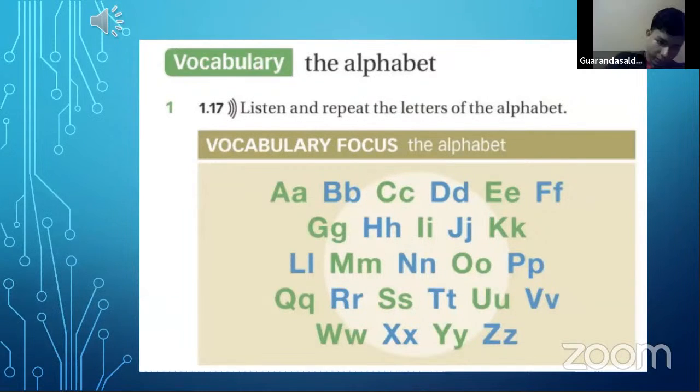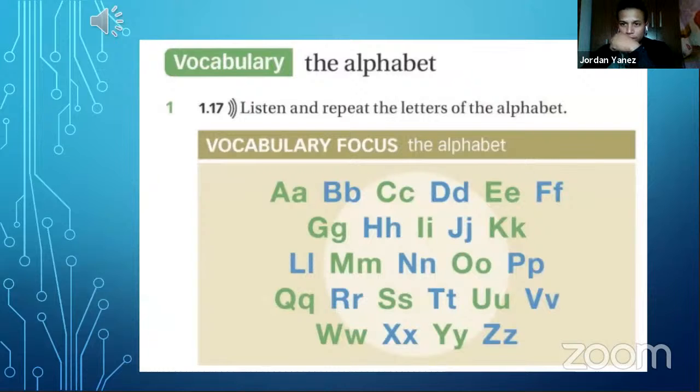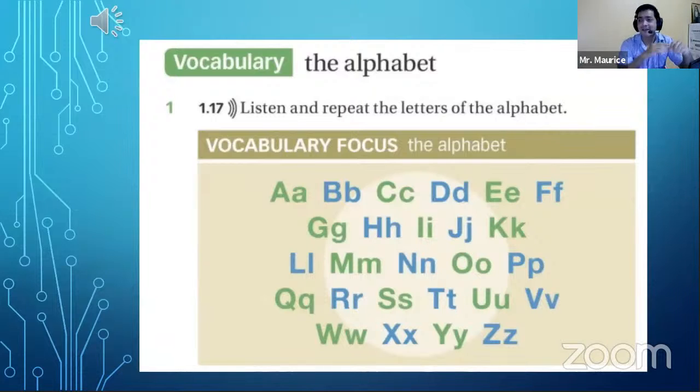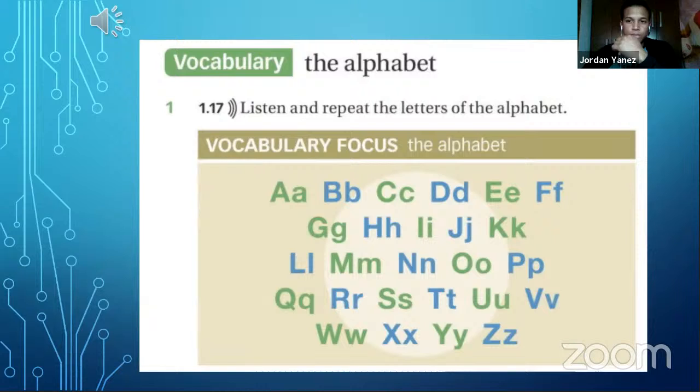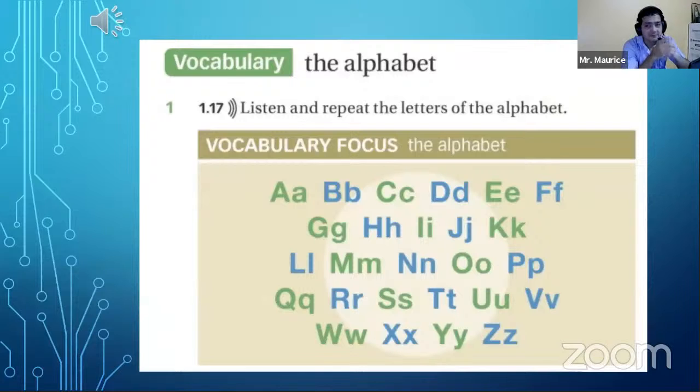Can you tell me how many letters there are in the English alphabet? Anyone? 26. 26 letters. Okay.